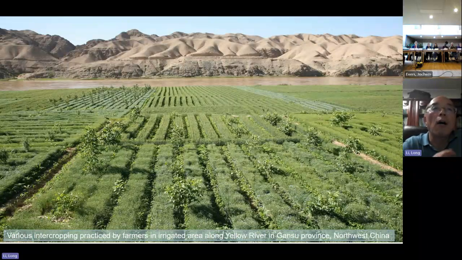You can see upside, there are very dry mountains because there is no precipitation. Along the Yellow River, farmers use the river's water to irrigate the farm. So they have very limited arable land, and they like to use intercropping in that area.